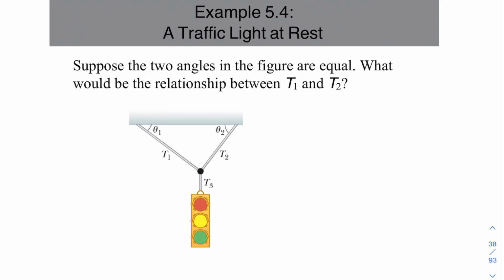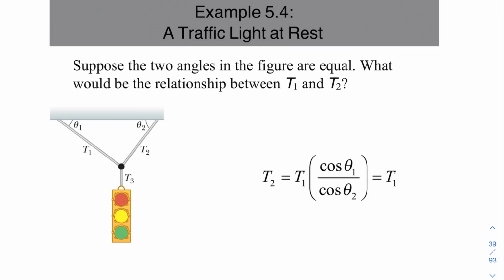Suppose the two angles in the figure are equal. What would be the relationship between T1 and T2? If we refer back to the equation that we already derived, which relates T2 and T1, which is this just now, let's imagine theta 1 is the same as theta 2.